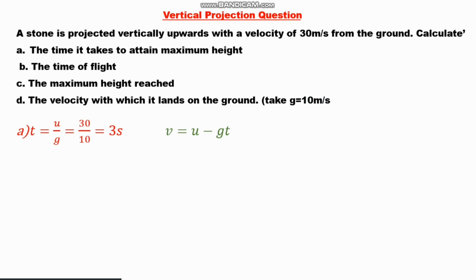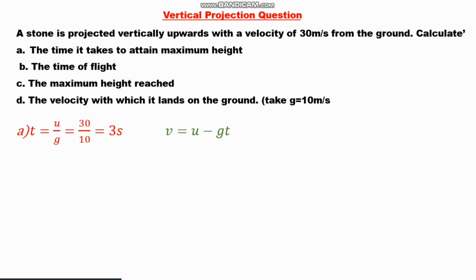When you are not given the acceleration due to gravity for bodies moving vertically upwards and downwards, you use 9.8, but because we have been given 10, this is the one we are going to use. So the time it takes to reach the maximum height is 30, the initial velocity, divided by 10, the acceleration due to gravity, and you get 3 seconds.